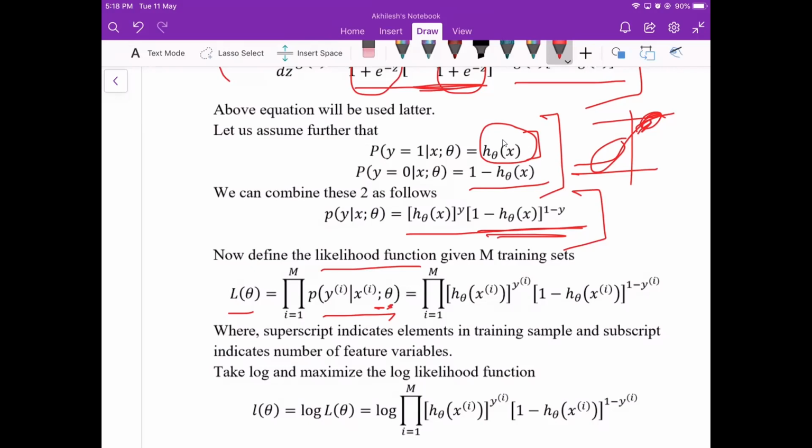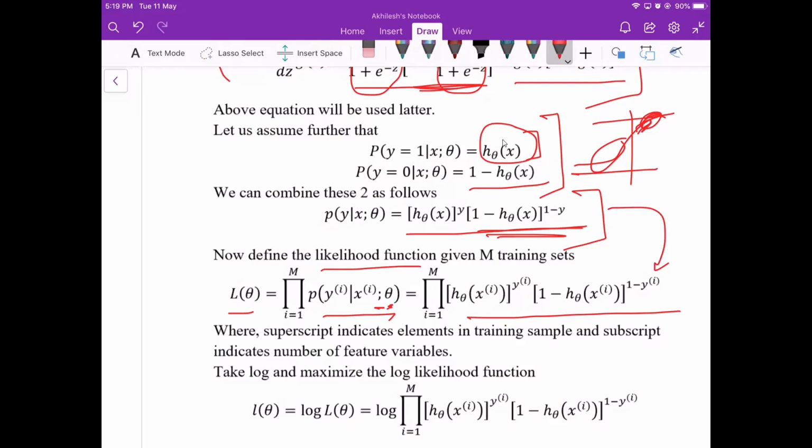Okay, so when we multiply it, this is the multiplication of all the probabilities, where i ranges over all the training instances. This is the same thing over here.